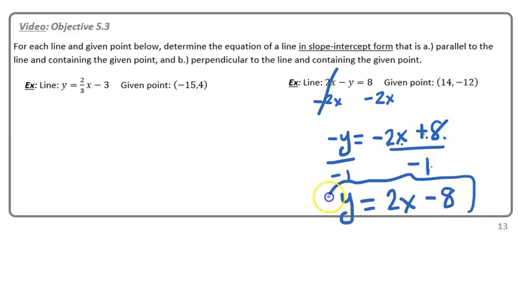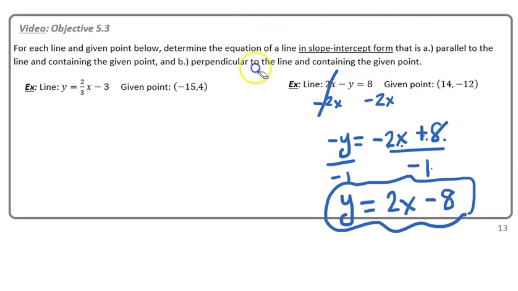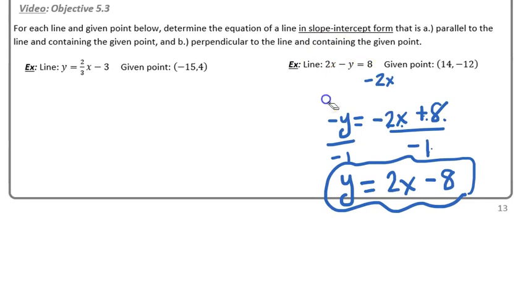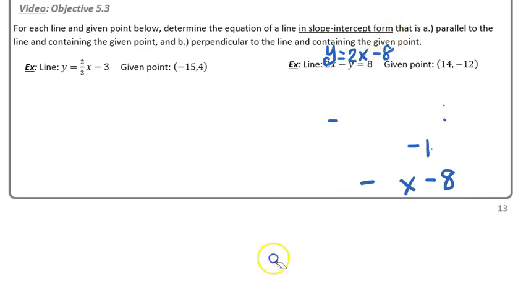So this is the equation that we are given. So I'm going to rewrite it up here. So instead of looking at it as 2x minus y equals 8, I'm going to think of it as y equals 2x minus 8. Those are exactly the same lines in different form.